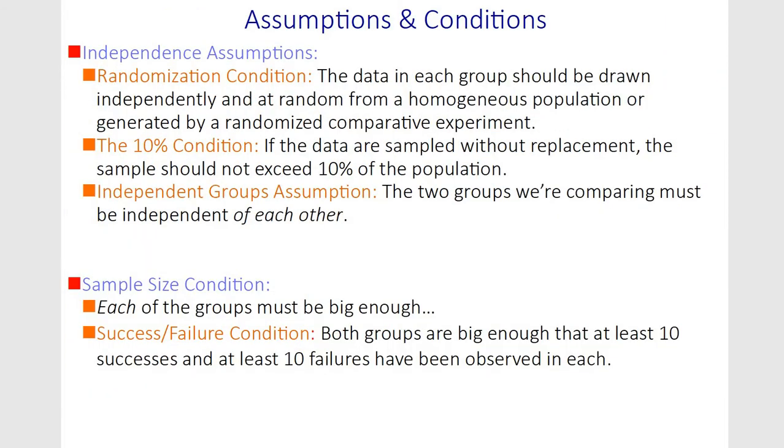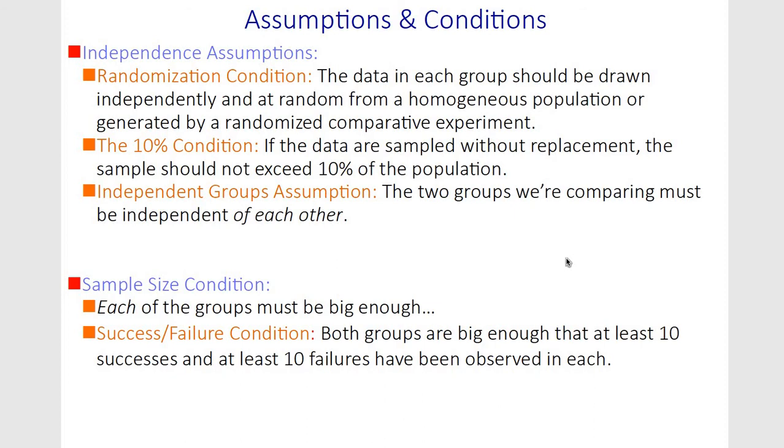So, of course, with any test, we have assumptions and conditions. So we have our independence assumptions, your randomization condition. The data in each group should be drawn independently and at random. Okay, so it's all got to be randomized. All right, that's important. 10% condition, got to have, shouldn't exceed 10% of the population. And the two groups we're comparing must be independent of each other. That's very important.